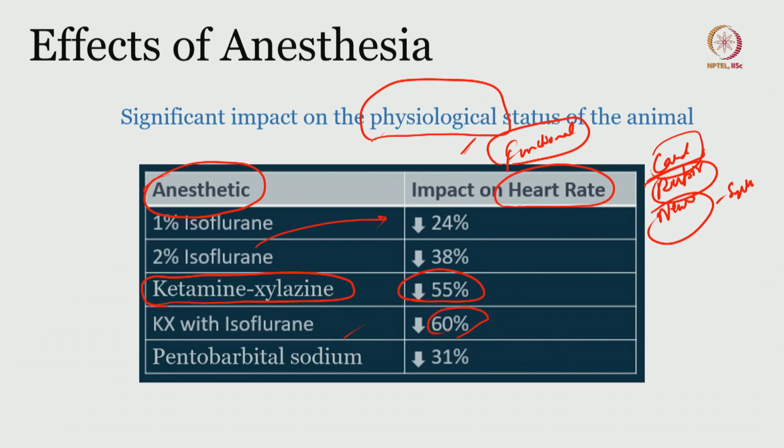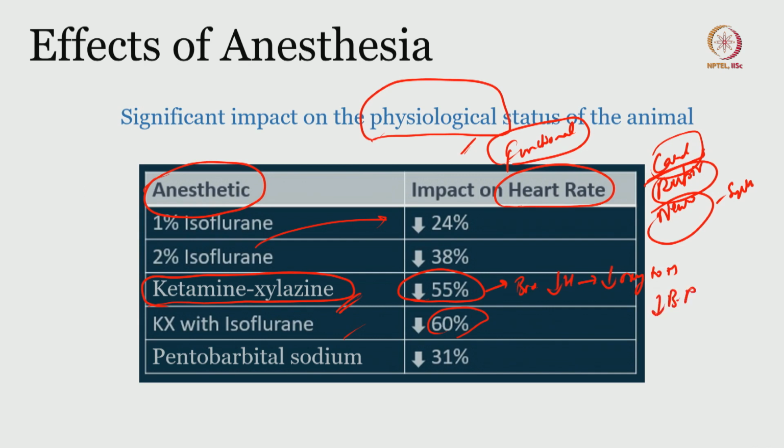Hence, if you are using an injectable anesthetic agent, ketamine xylazine is preferred, but the vitals have to be monitored really tightly so that it does not end up with bradycardia, that is reduced heart rate, which will reduce the oxygenation to the brain by reducing the blood pressure.